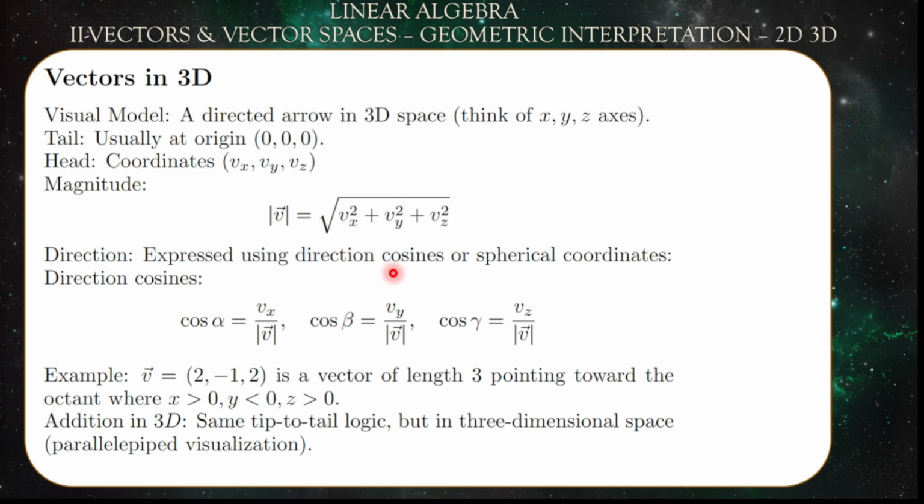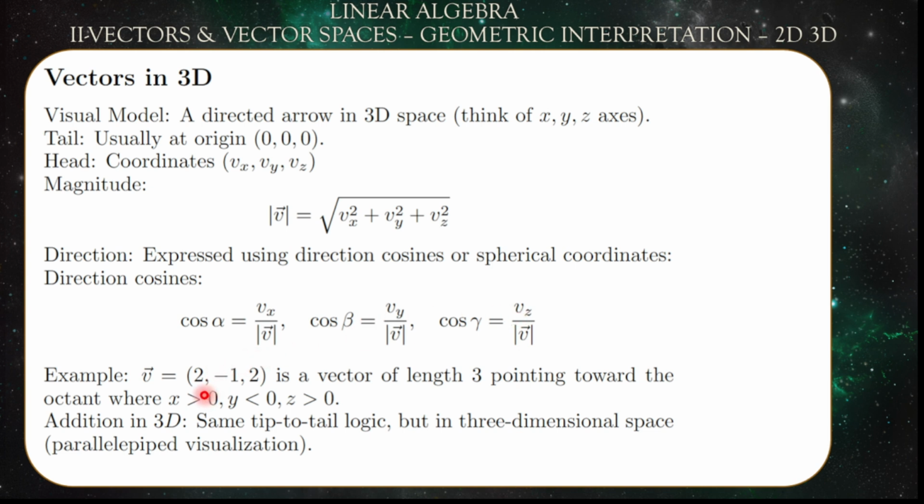Direction is expressed using direction cosines or spherical coordinates. The direction cosines are the following. Cosine alpha is equal to Vx over V, the length of V. Cosine beta is equal to Vy over V. Cosine gamma is equal to Vz over V. As an example, it's like the unit vector here, except you have cosine alpha, beta, gamma.